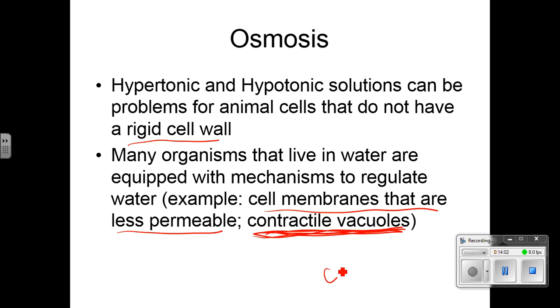We'll talk about this in Unit 6, but we have things that are called osmoconformers and osmoregulators. Osmoconformers are fish or things that live in water that typically have the concentration in their cells that is the same as the solution.